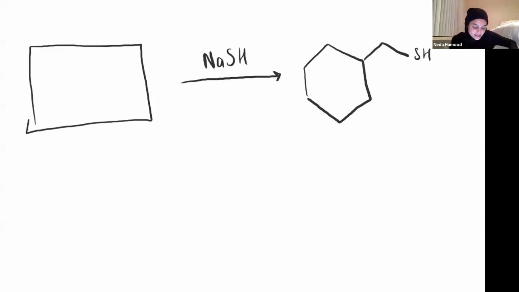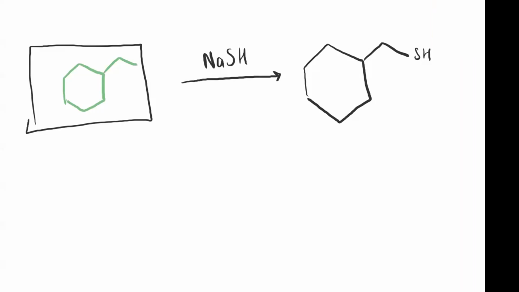So obviously this is going to be a substitution reaction since that's what we've been learning. So let's go ahead and throw up our nice little cyclohexane. That's going to be the same. But what do you guys think is going to be over here? Sodium?